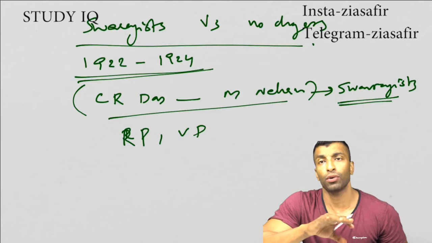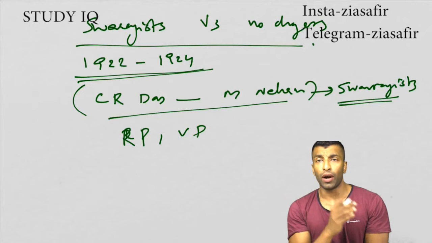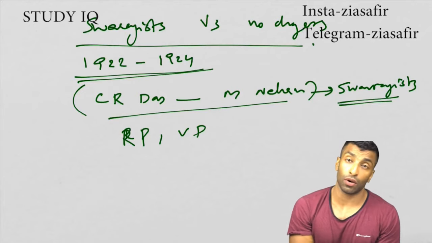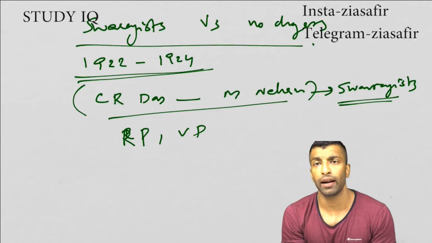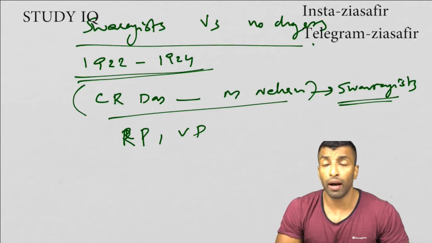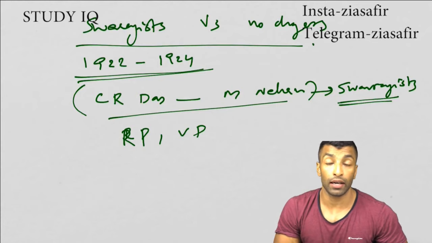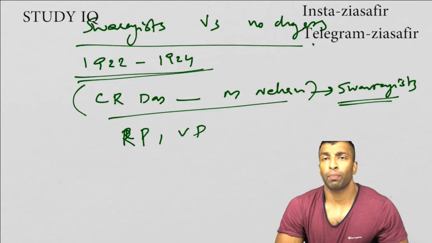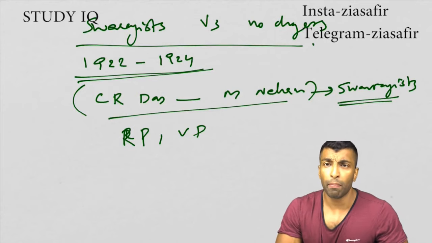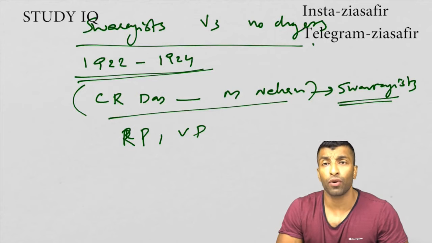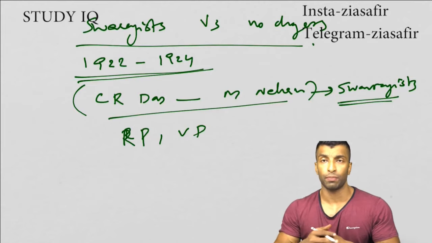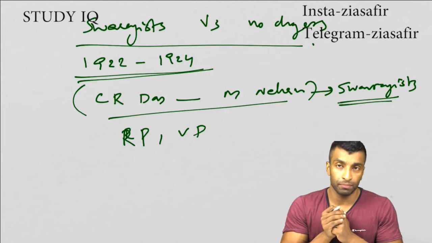So the debate is between Swarajists and No Changers. One group is of the opinion that you should contest the election, enter the legislative council, and go for a mend or end approach. That means you can raise your voice and your concerns over there. The other group is of the opinion that you don't want to waste your energy by contesting the election. Rather, you can focus on building mass support or a mass base during this time.